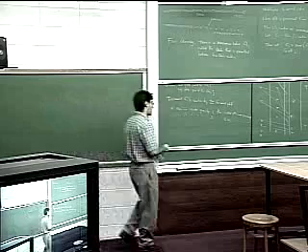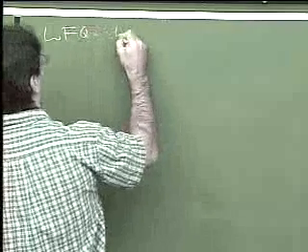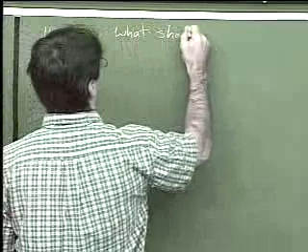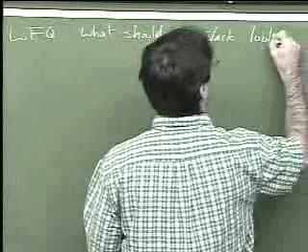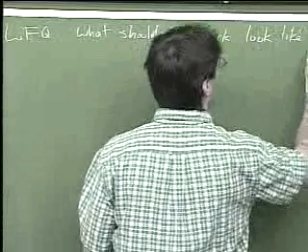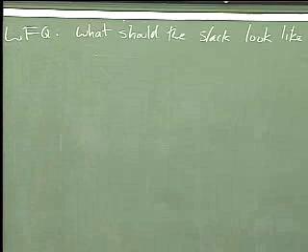And the last thing to do is to extend this to fair queuing. So weighted fair queuing. What should the slack look like? Okay, we really have a choice here.